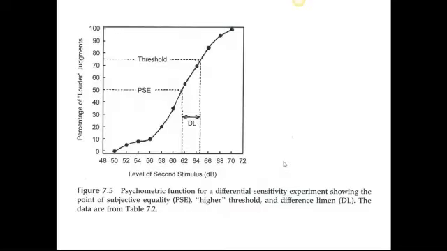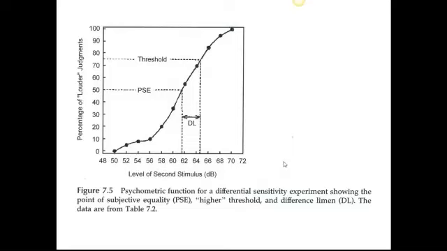So again, you can find that 50% point, which is the point of subjective equality, or PSE, or you can find a difference limen there, showing the point where they actually could hear a difference.